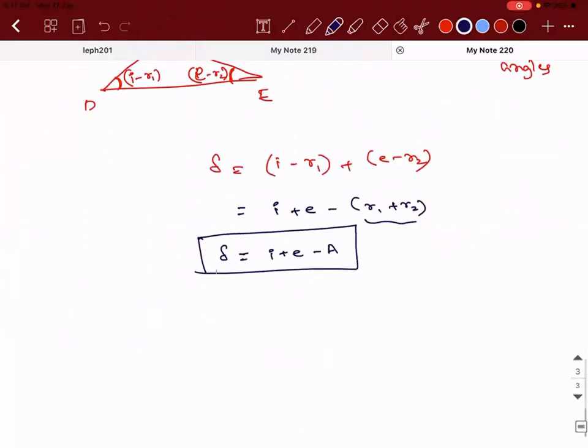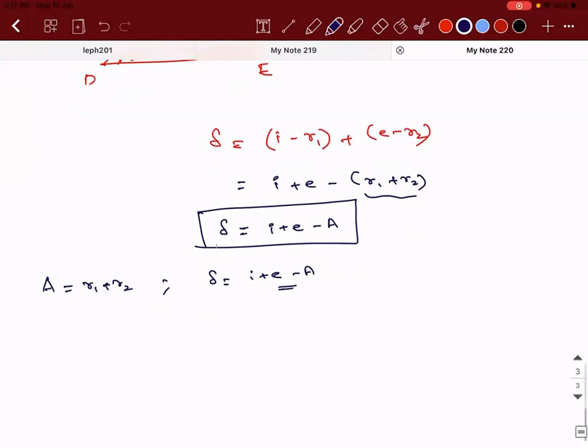Yes, sir. The two important formulas that we are supposed to remember are A is equal to R1 plus R2 and delta is equal to I plus E minus A.